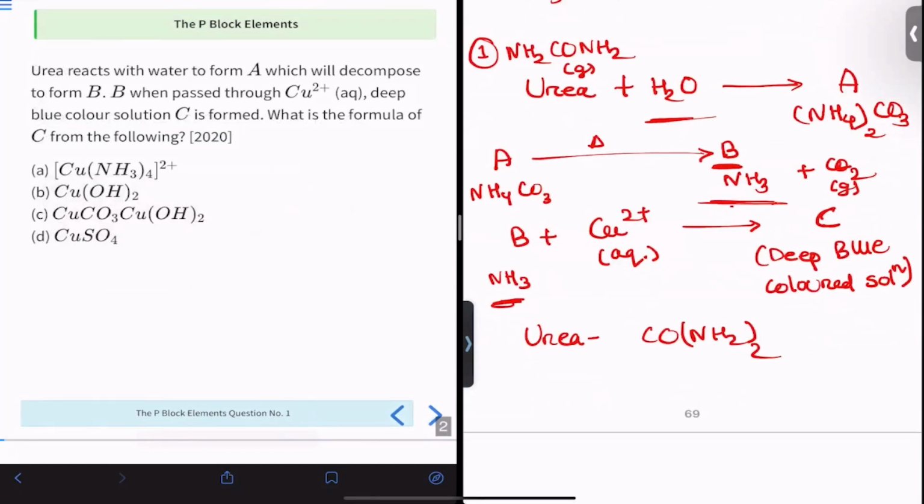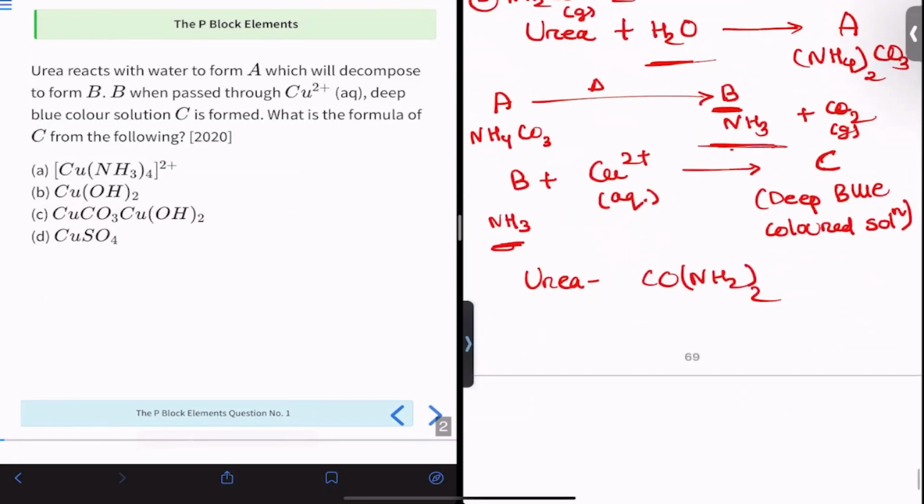So when copper reacts with ammonia, what compound will form which gives a deep blue colored solution? That you need to find out. When copper reacts with NH3, it will give rise to the copper ammonium complex.